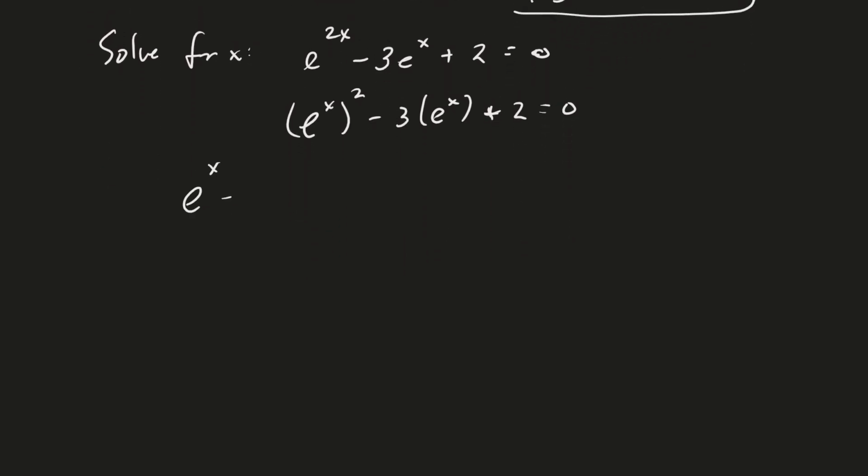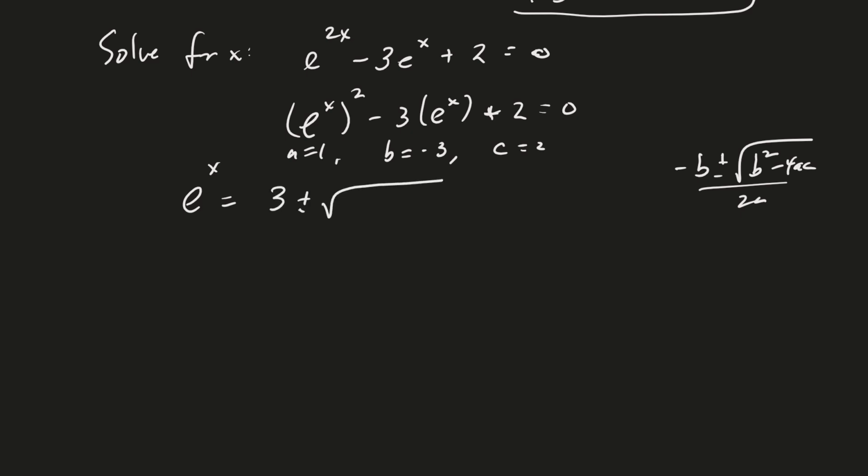So e to the x is equal to, remember, minus b plus or minus the square root of b squared minus 4ac, divided by 2a. That's the quadratic formula. So here our a is equal to 1, b is equal to minus 3, c is equal to 2. And so our e to the x is going to be 3 plus or minus the square root of 9 minus 4 times 1 times 2, divided by 2.